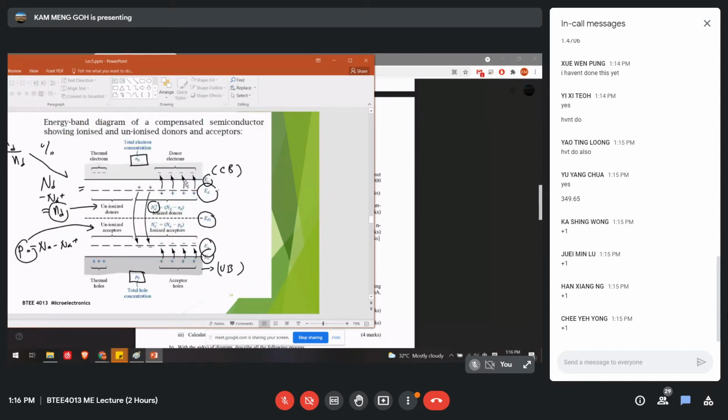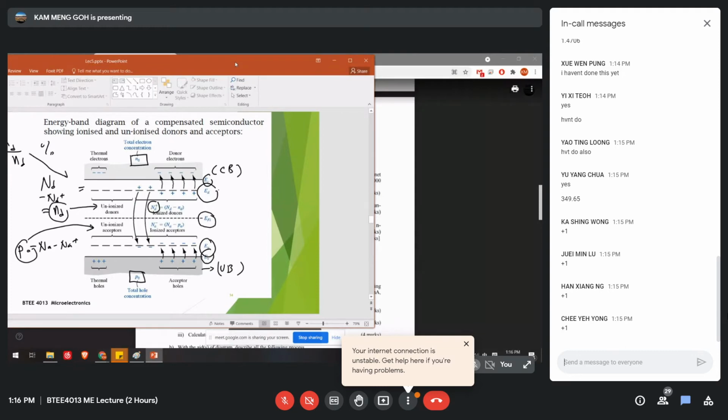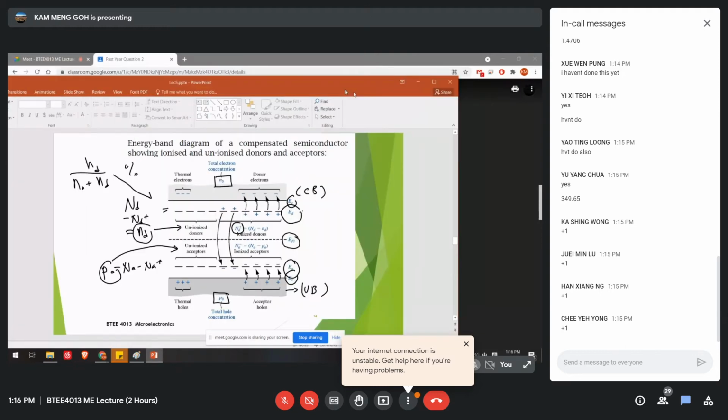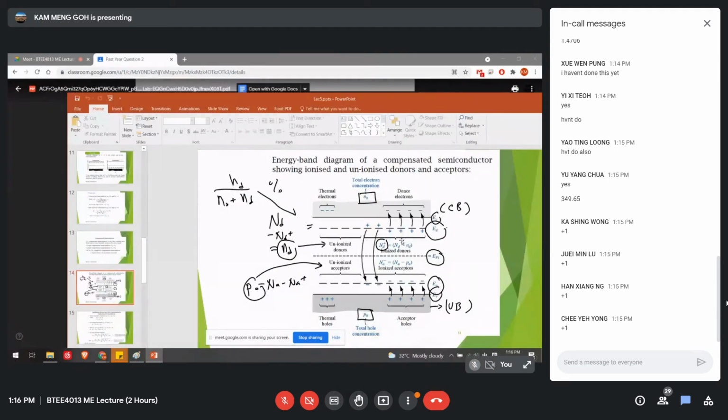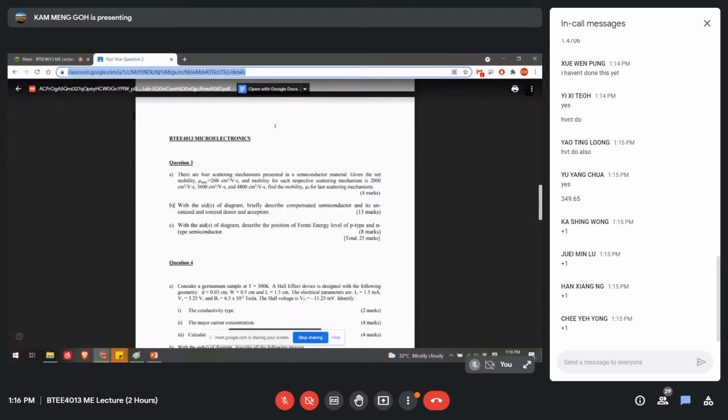You just need to tell which part is ionized at this location, ionized donor here, thermal electron, acceptor, thermal hole, something like this. Okay, this will answer question 3B.